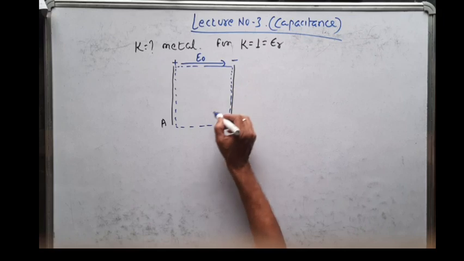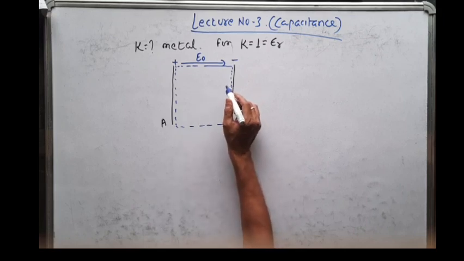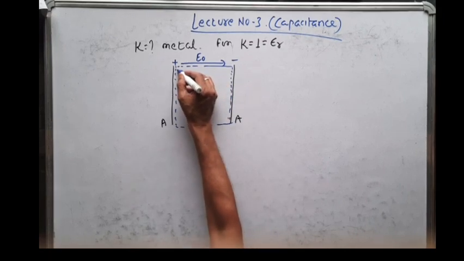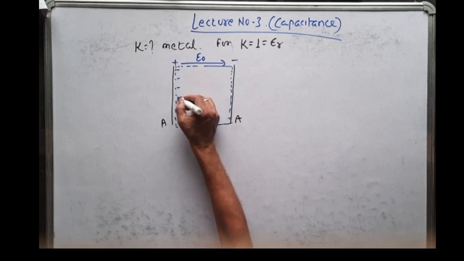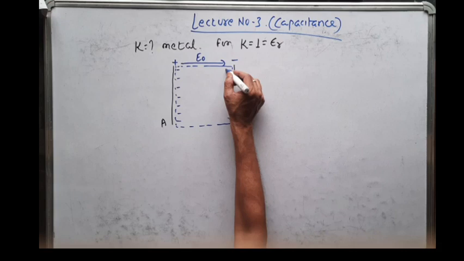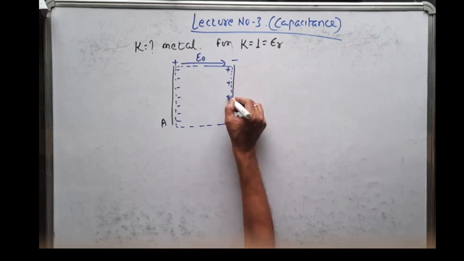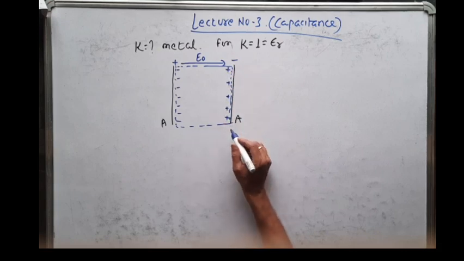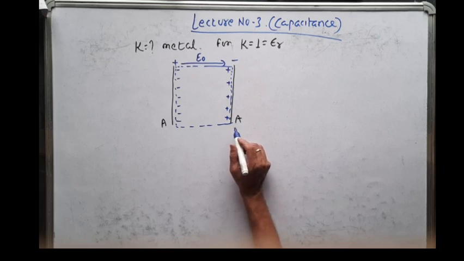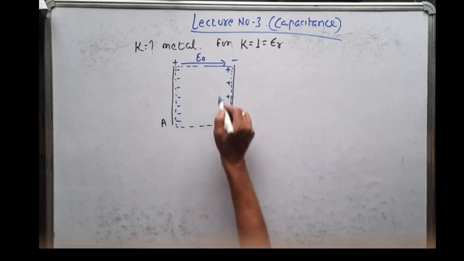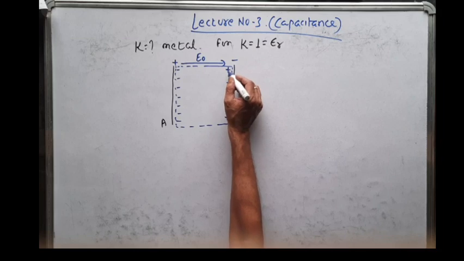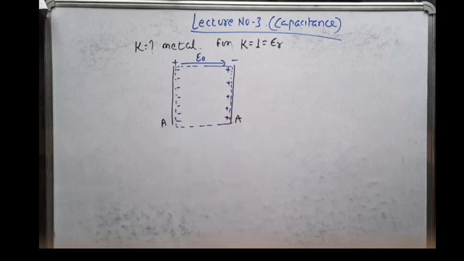But due to this electric field, the dipole will be polarized, and all the negative charge will come to this side and all the positive charge will come to this side. This has been explained in the last class. If you have not seen that video, please refer to it.